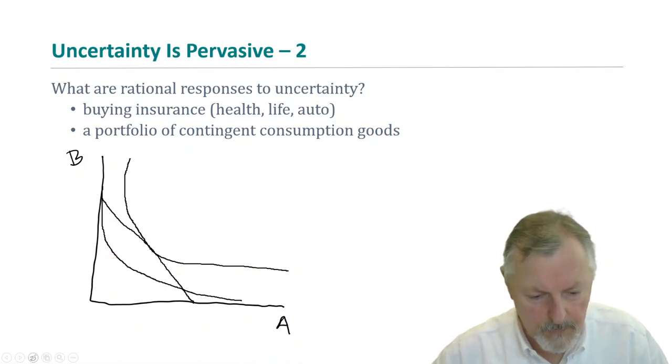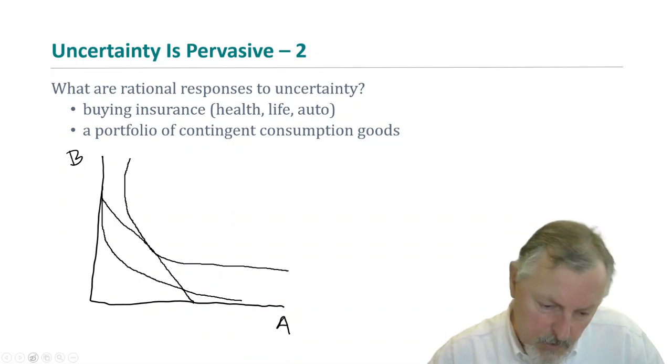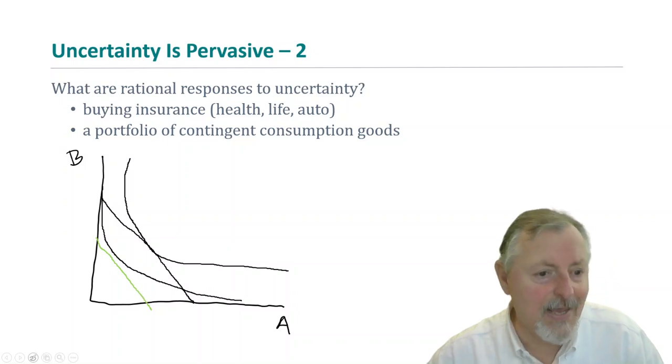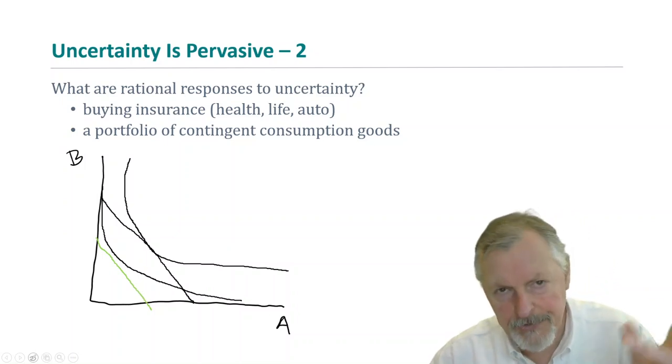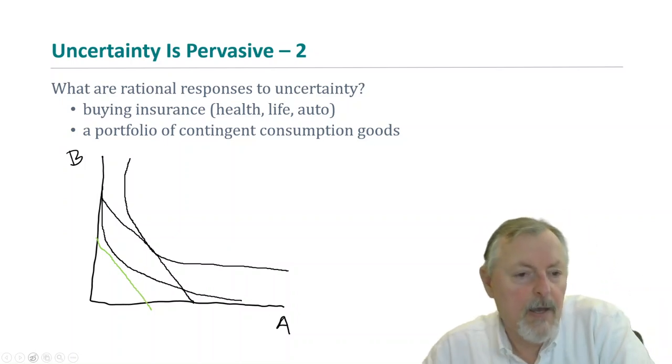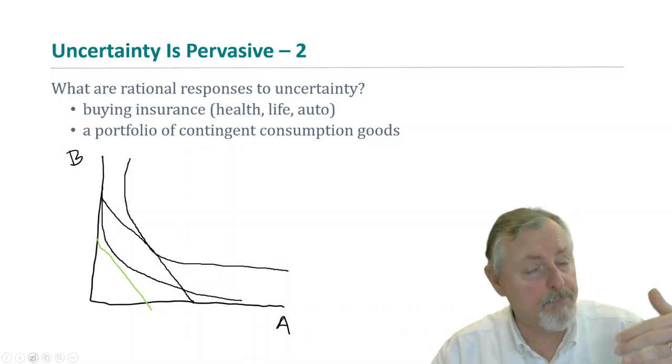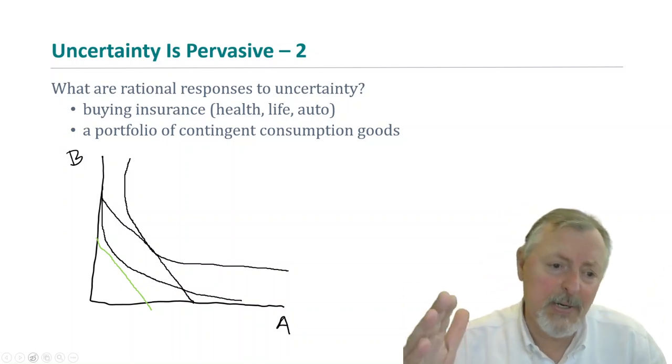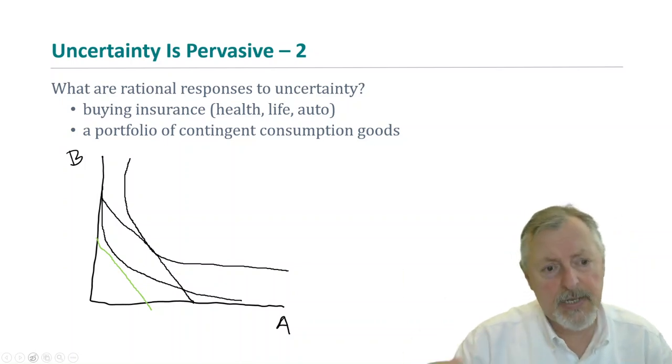Let's say your income was like that. Let's assume that they touch. It's the same price ratio of A and B, but your budget line is pulled in.